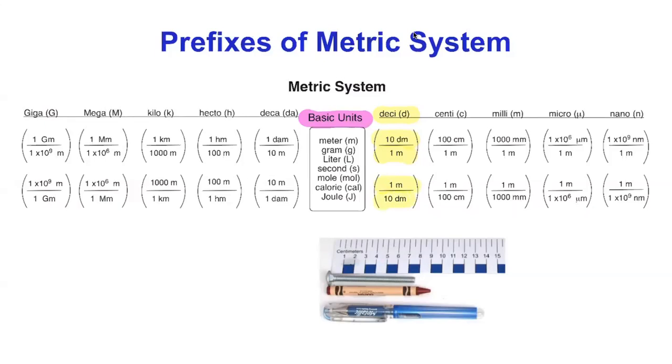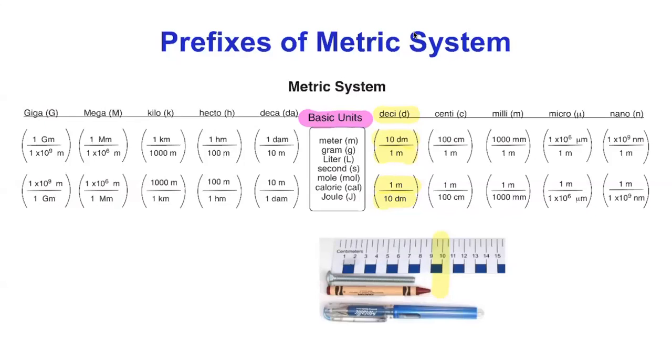Remember, it's flippable depending on how we're going to use it. So what does 1/10 of a meter look like? Well, it's about the size of a Crayola crayon. 10 centimeters is the size of 1 decimeter, 1/10 of a meter, or just a little bit larger than the size of a Crayola crayon.